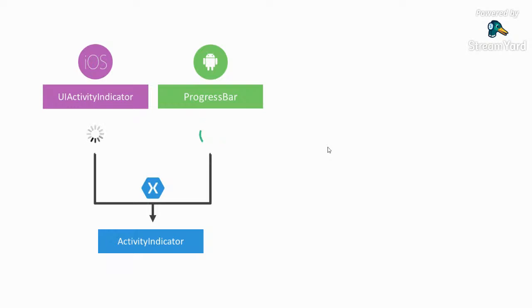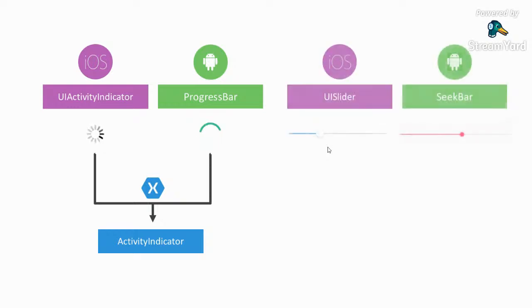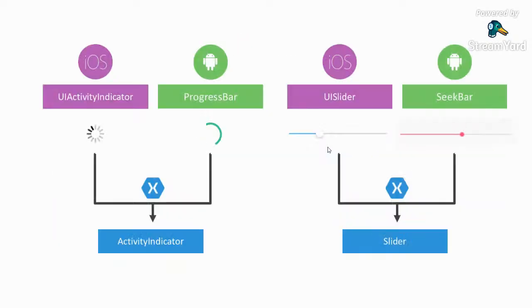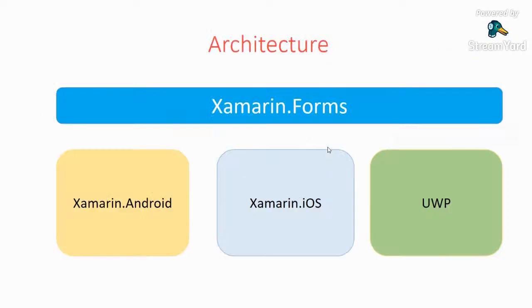And you are going to see an activity indicator in Xamarin.Forms. When you run it on iOS, the activity indicator looks different, and when you run it on Android, the progress bar is different. Same with the slider bar. By default on iOS, the slider bar color will be blue, and on Android the color will be rose. Xamarin.Forms directly inherits from the native controls of the native APIs.